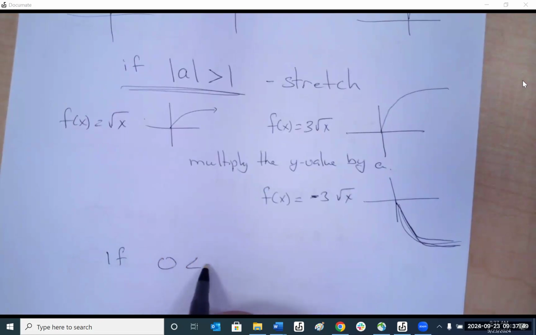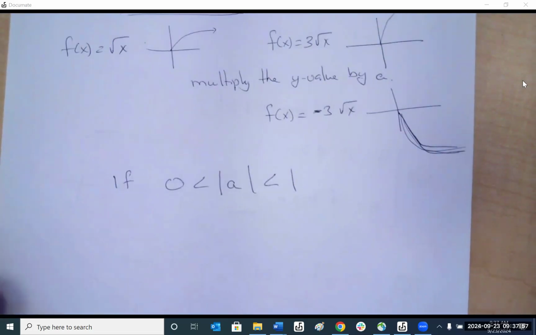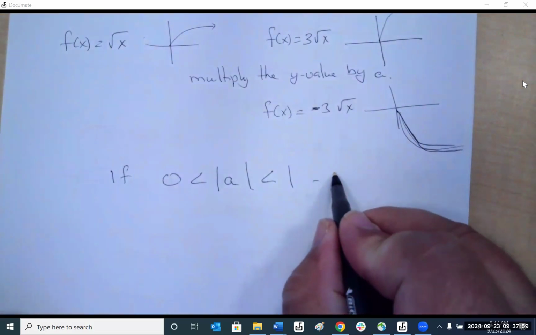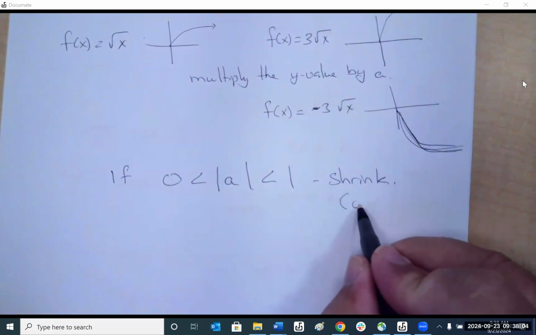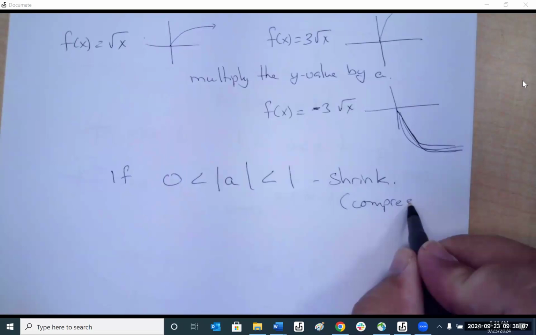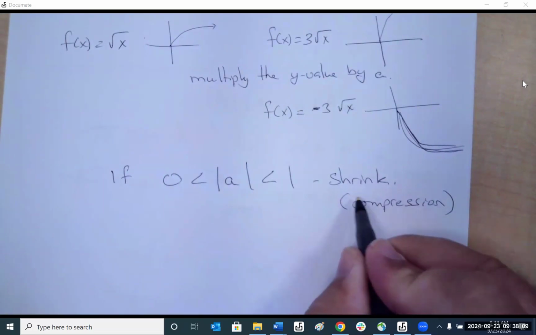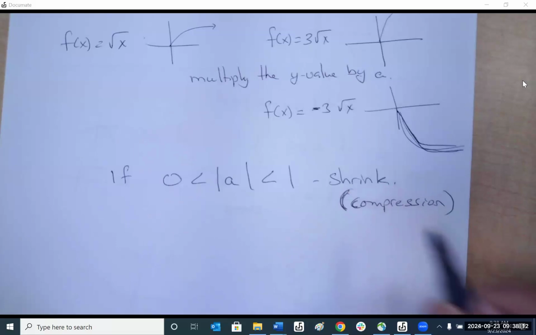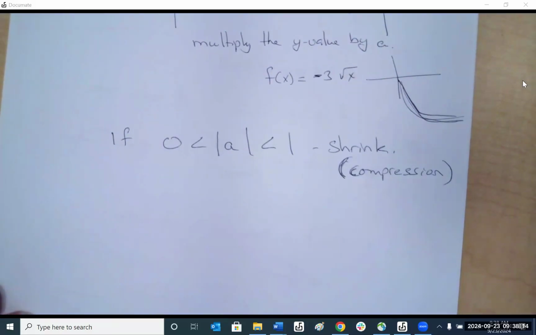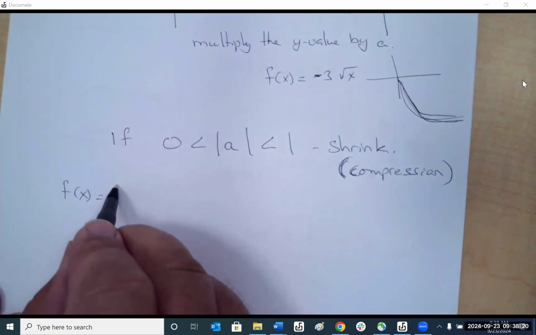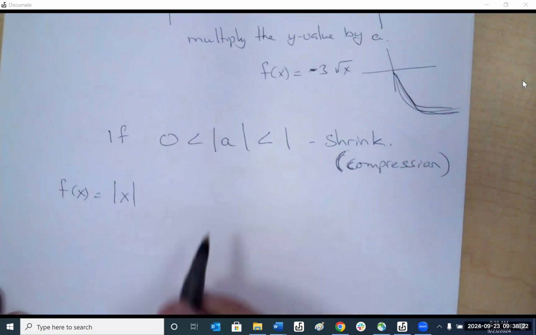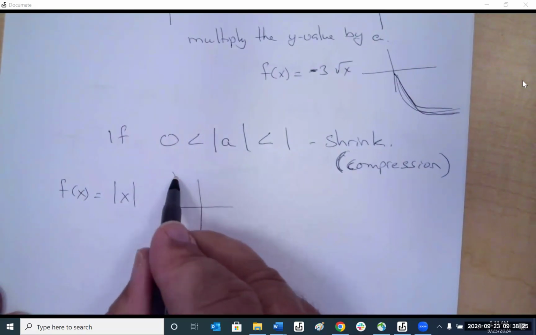Now, if the absolute value of A is between 0 and 1, it's a decimal, if it's a fraction, then it's a shrink or compression. So if f of X equals absolute value of X, which is this.